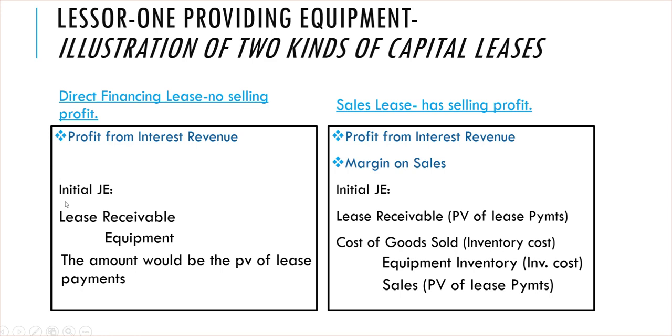They need to take the accumulated depreciation off their books. They need to record a gain or loss. And they need to record the lease receivable. And the lease receivable is the present value of the stream of payments that's going to come into the company that's associated with that lease.